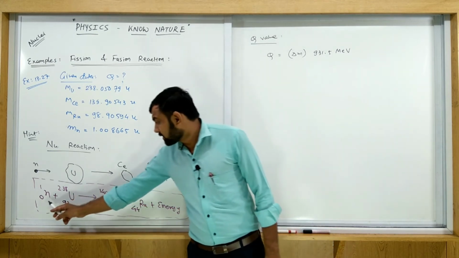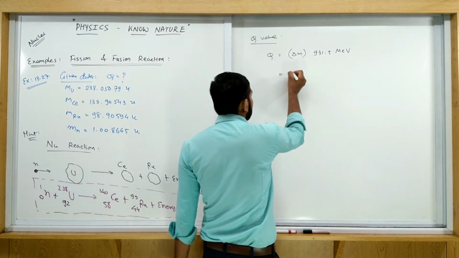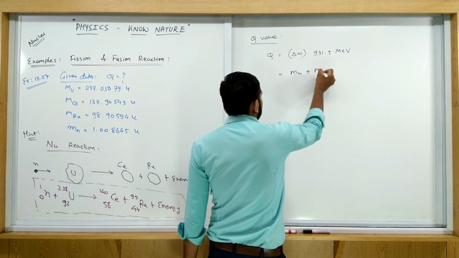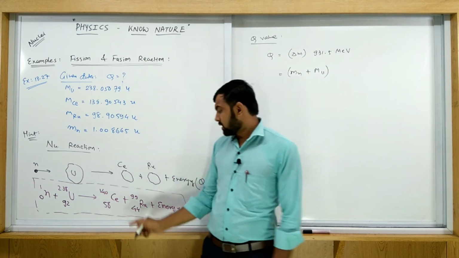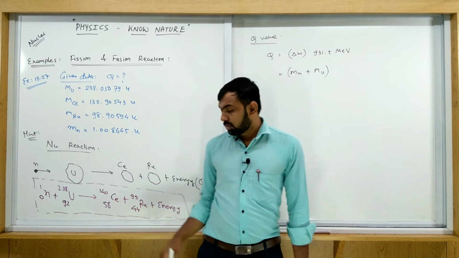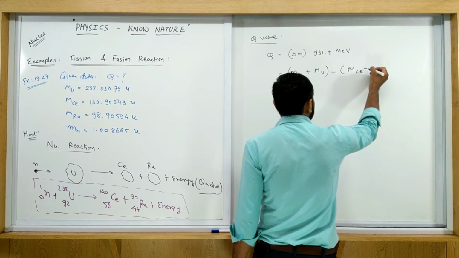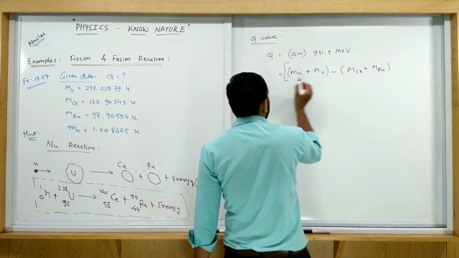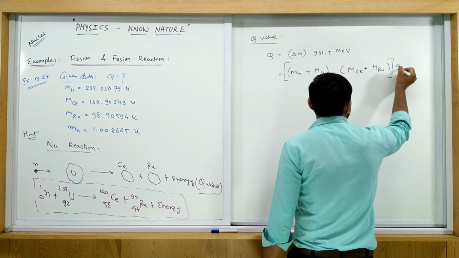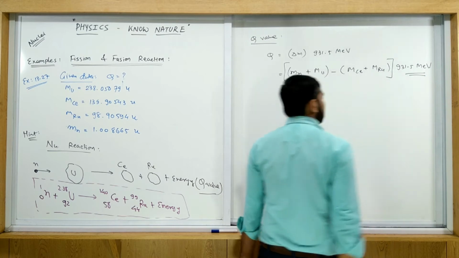The left hand side mass is the mass of neutron plus the mass of uranium, minus the mass of Ce plus the mass of Ru, and all the terms are multiplied with 931.5, and the answer is in terms of MeV.